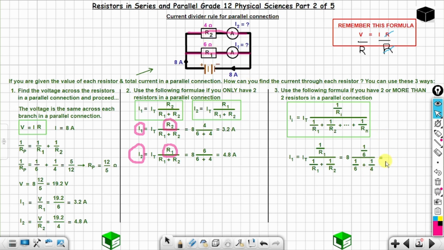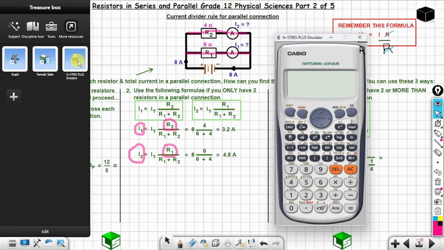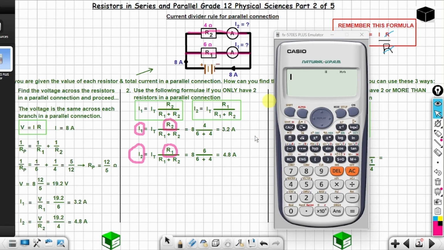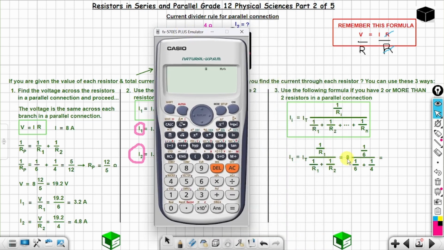This is equal to 8 times 1 over 6 over 1 over 6 plus 1 over 4. You're going to have 3.2 amperes. Now, I2, you're going to use the same formula.